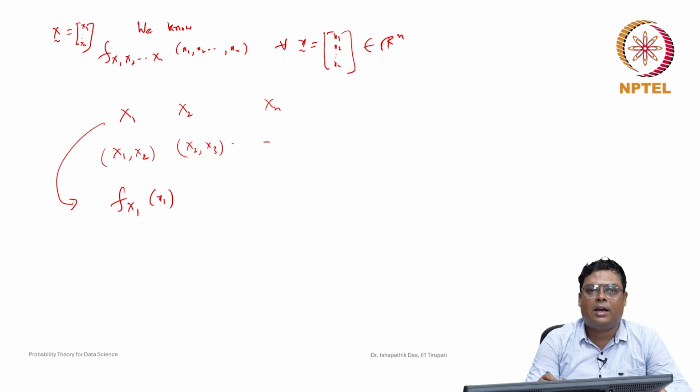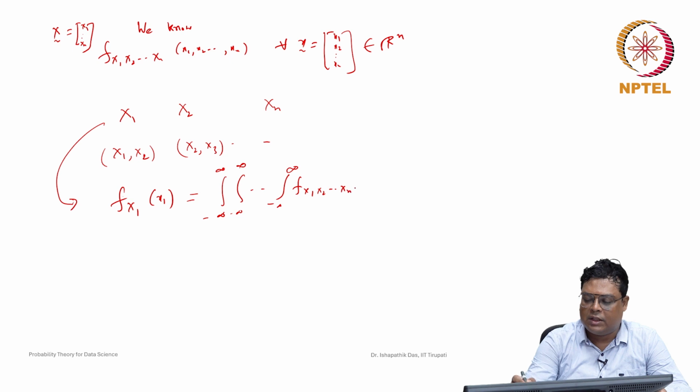You can remember how we did that for the bivariate random variable cases. There we just integrate out the other variable. So for f of x1, x2, ..., xn, f of x1 will be nothing but the integration from minus infinity to plus infinity. We have to do the integration because we want to keep x1.